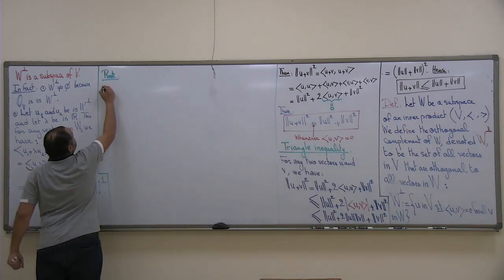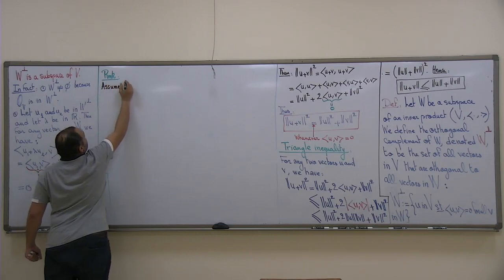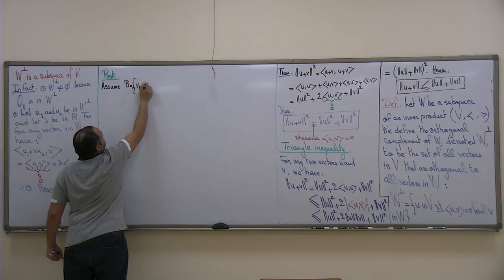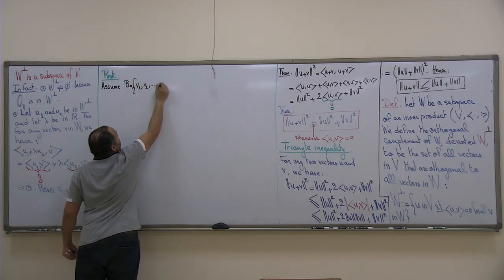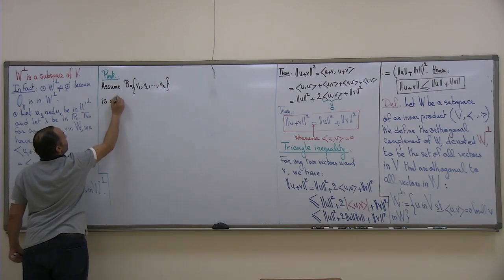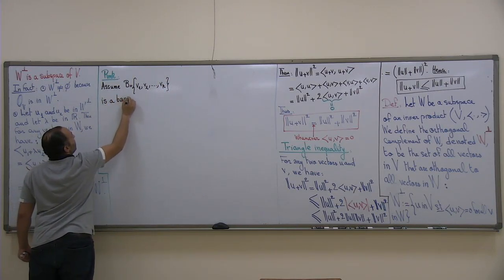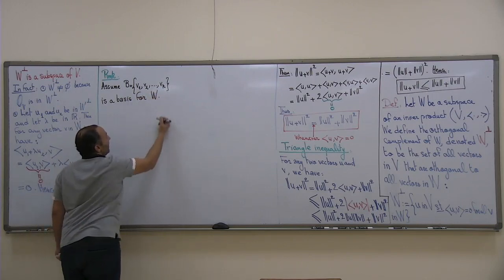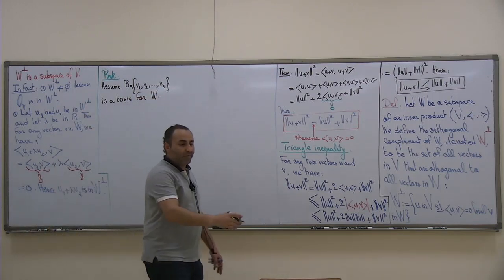Assume B, formed by V1, V2, ..., Vk, is a basis for W. I just have a subspace and I have a basis.